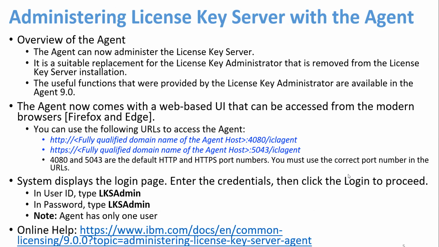Now, when you're administering the license key server, the agent is accessed from a browser, and it is accessed from the fully qualified domain name at port 5043 ICL agent. The username and password for that is lksadmin as shown.